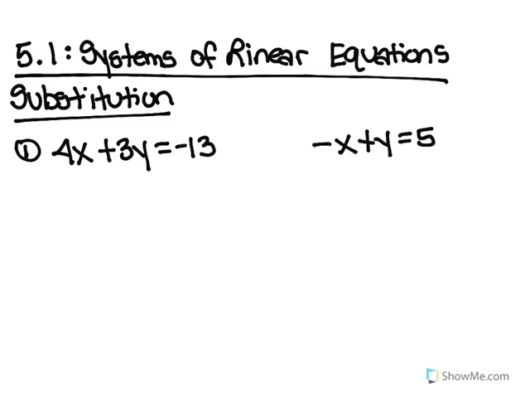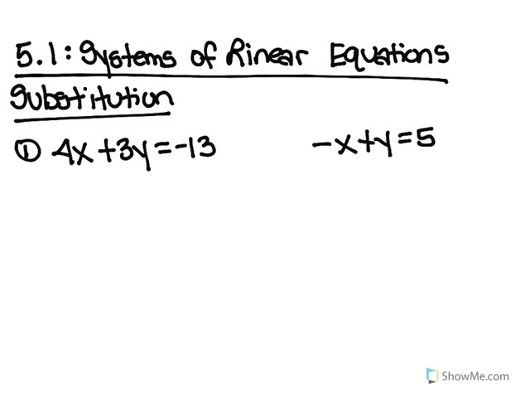So when I have two equations, I ask myself, okay, which equation looks smaller? What I mean by smaller, the coefficients in front of x and y are 1. Meaning when I solve for x or if I solve for y, I won't have any fractions. So the second equation is considered the smaller equation.